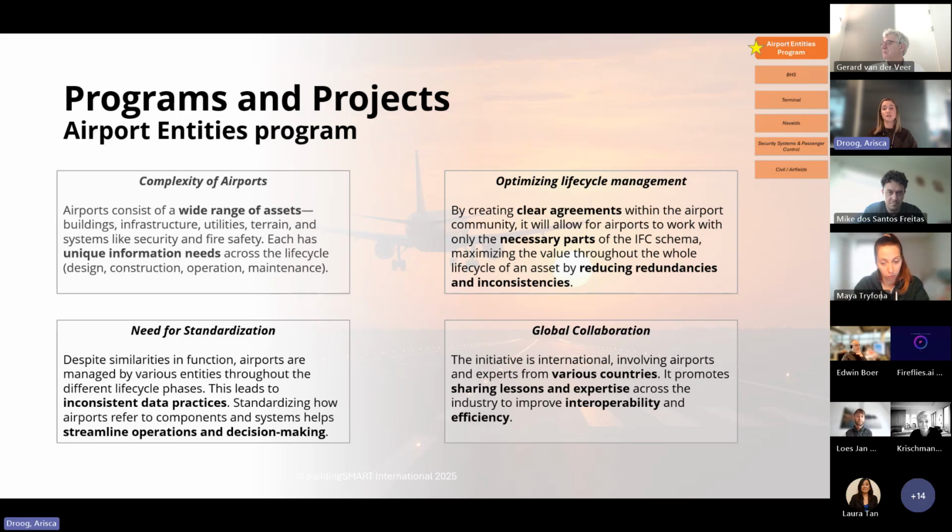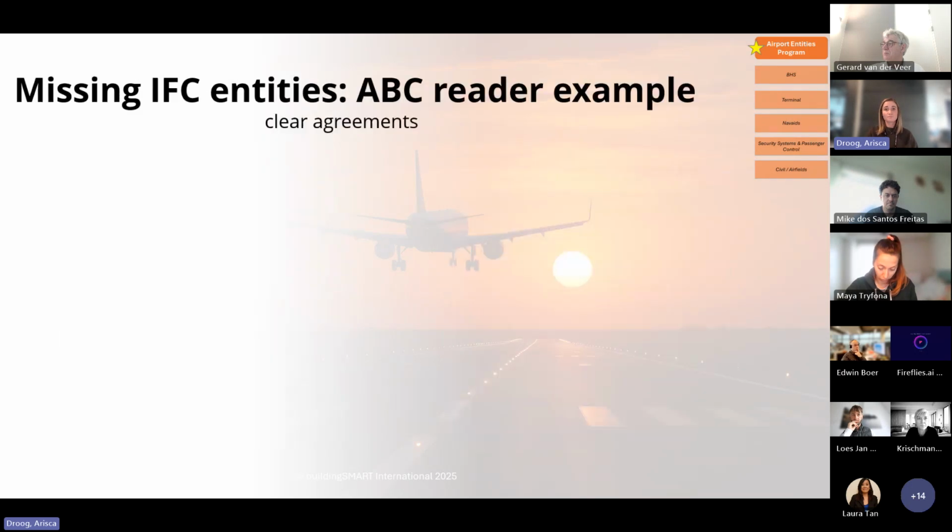There's a lot of discussion about the different phases and reusing of the objects, with every party giving it a different name or using the IFC element building proxy. By creating a standardized naming convention, so that everyone speaks the same language, we hope to smooth out the whole process of asset lifecycle information.